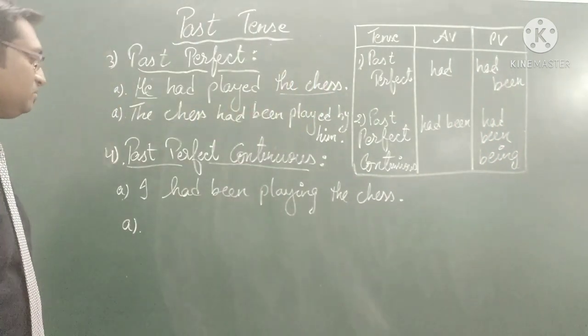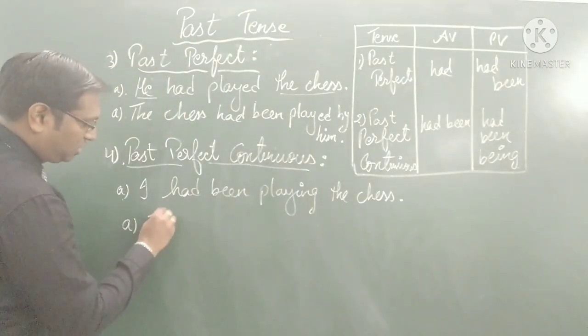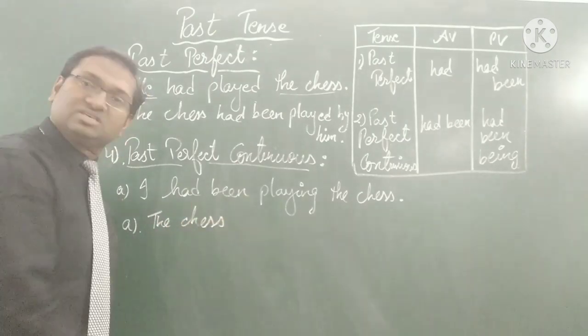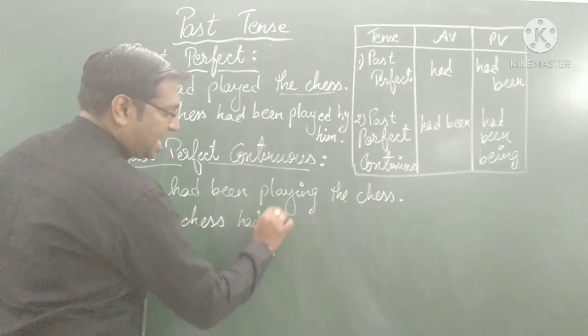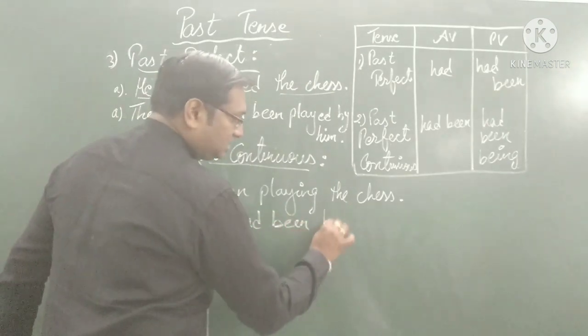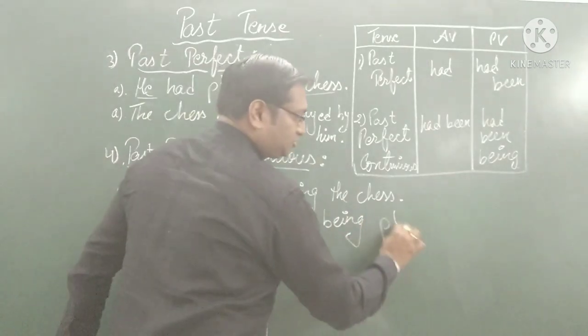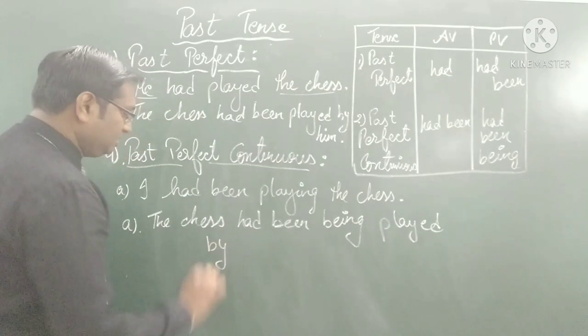Now let's start. I had been playing the chess. Again the chess is your object and it will become your passive subject. The chess had been, playing will change into third form, played by.